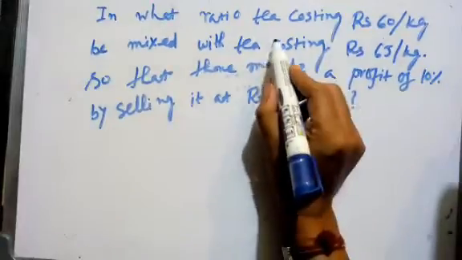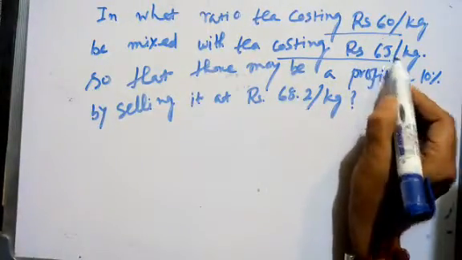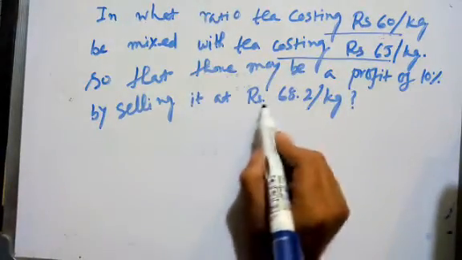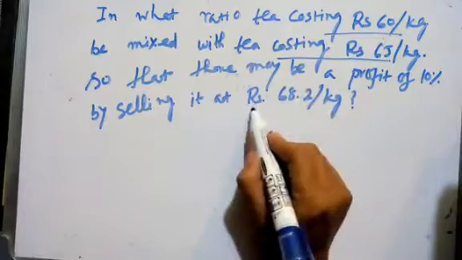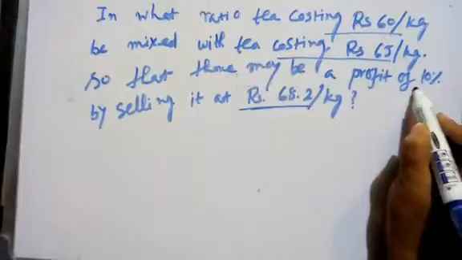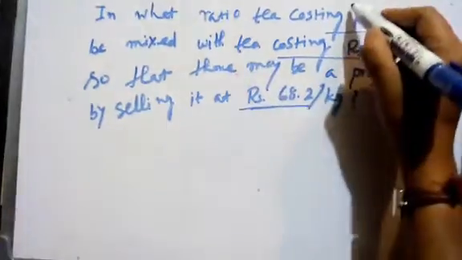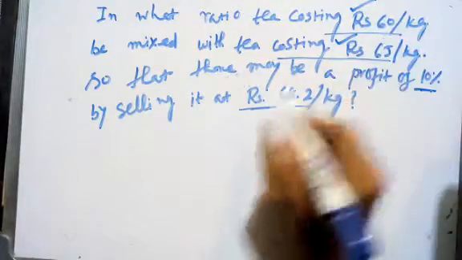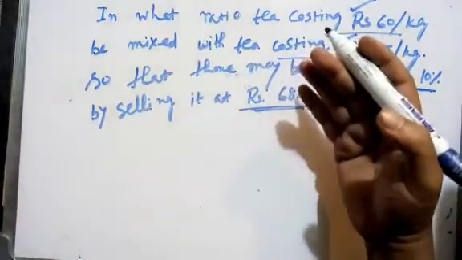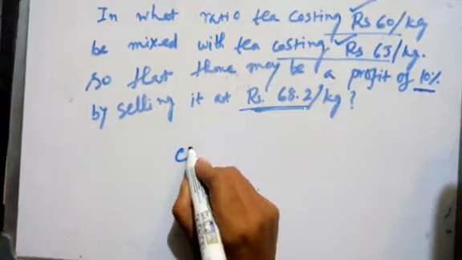Here the costing, that means cost price, here also cost price, but when he sells, the selling price is 68.2 per kg at the rate of 10% profit. So we first convert the selling price into cost price. What is our formula? Convert selling price to cost price.